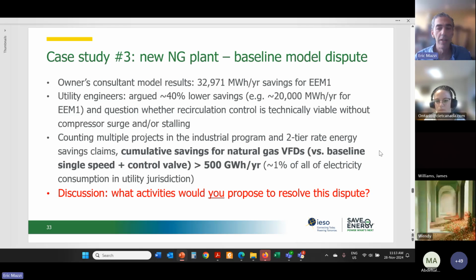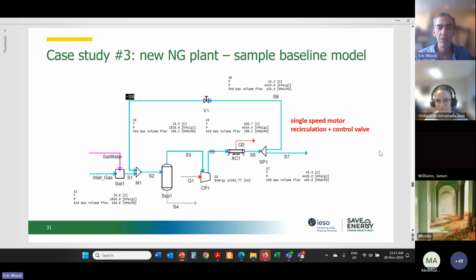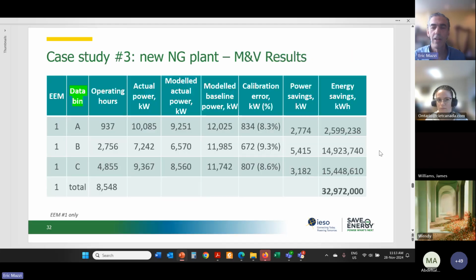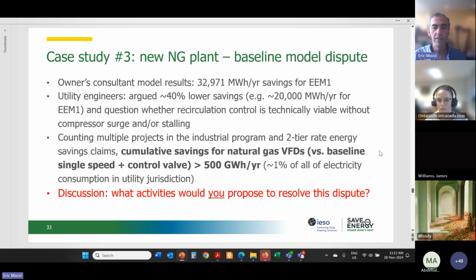The long and short is there are multiple parties involved, and there have been some serious disputes about how accurate these models are, especially for single speed motor control with recirculation on big motors like 4,500 horsepower, 33,000 horsepower, and so on. And the disputes are in the range of something like 40%.